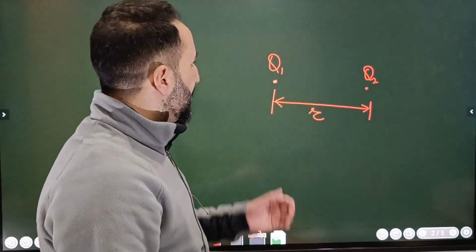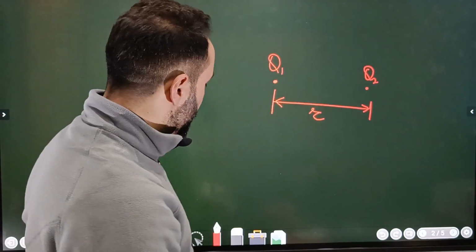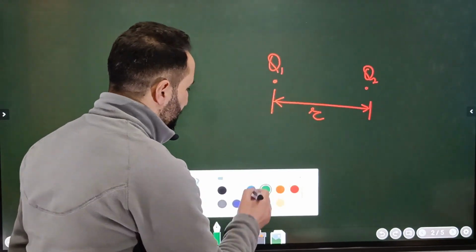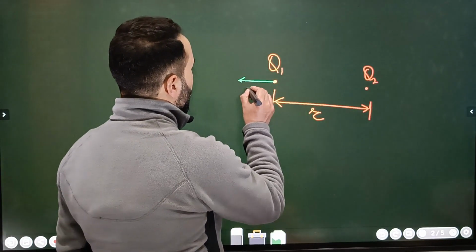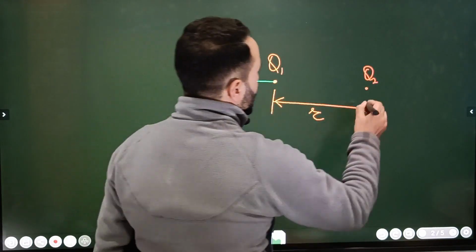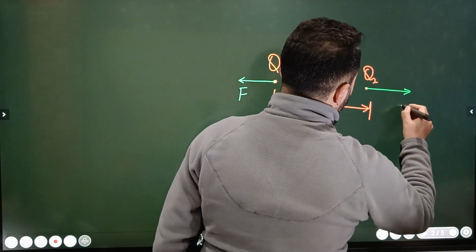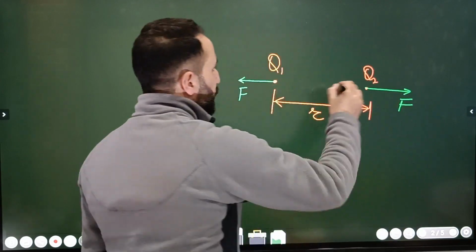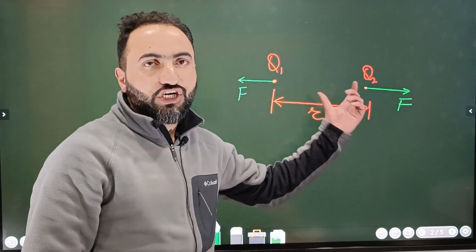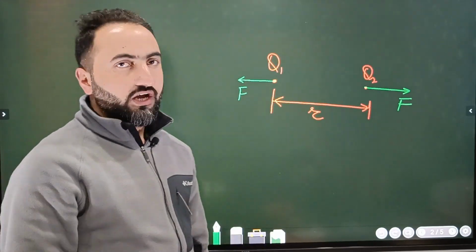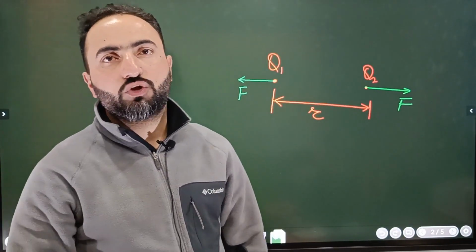Okay, so let's suppose that these are 2 point charges, and let's suppose that they are positive charges, so obviously they will repel like this. So this is the force F, and this force is here F. This force is the F on Q1 and this force is the F on Q2. Clear or not? Their magnitude will be exactly the same. Their direction will be different, because this Coulomb's law obeys Newton's third law of motion.